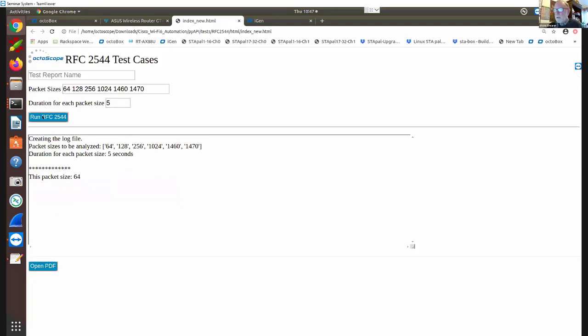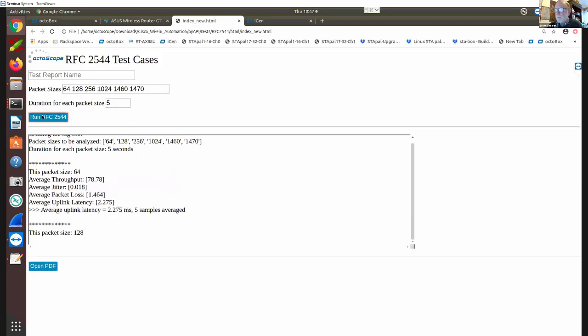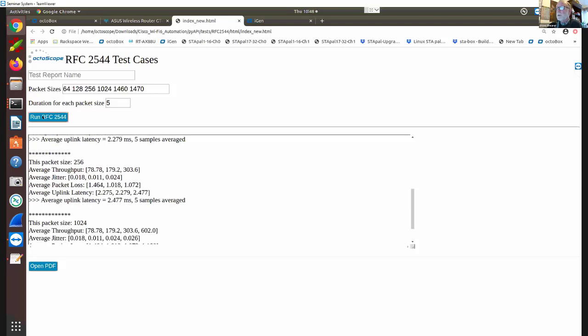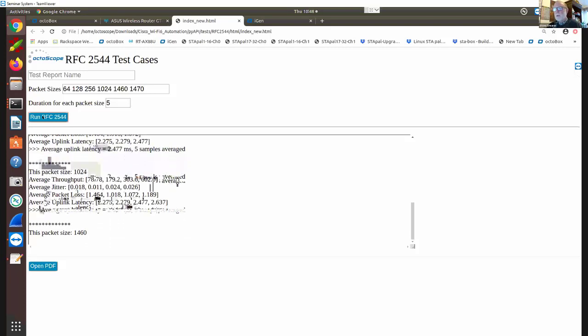We're looking at a packet size of 64 now. We're going to run this for 5 seconds. It's going to tell us the throughput, the jitter, the packet loss, and the uplink latency. So we're looking at about 2.2 milliseconds of uplink latency. We're on to a packet size of 256 now. You'll see that the throughput is much better, and this is because there's less overhead.